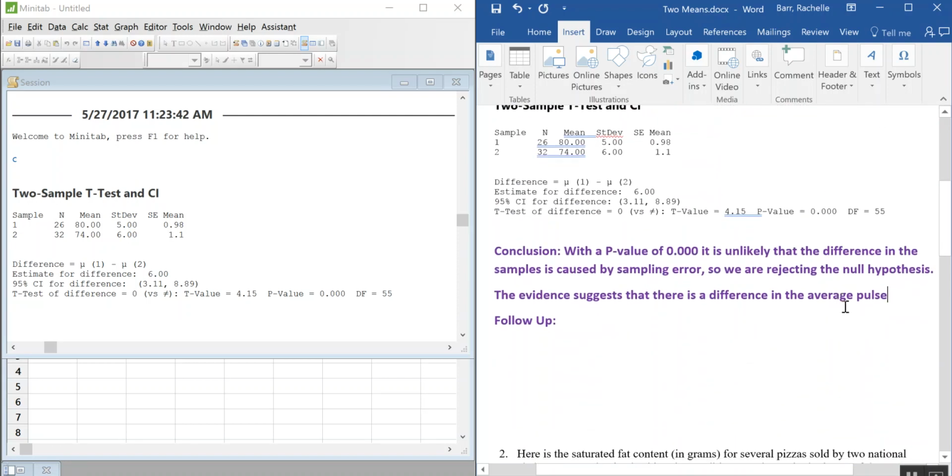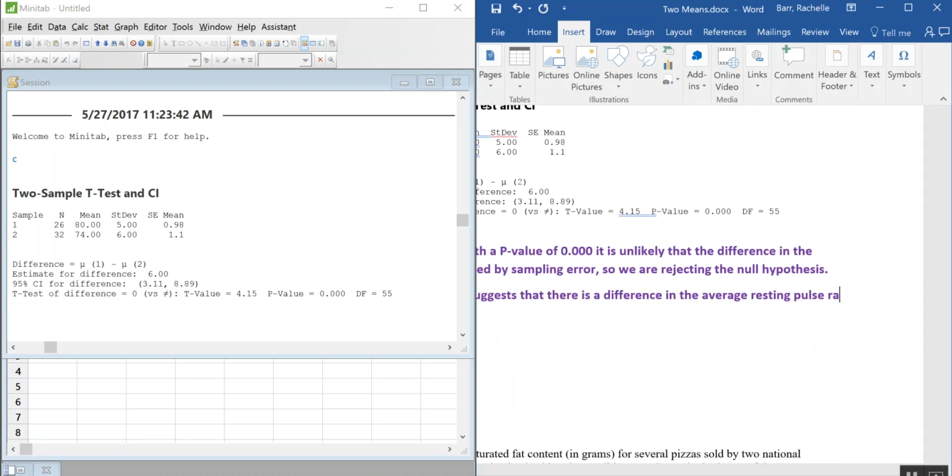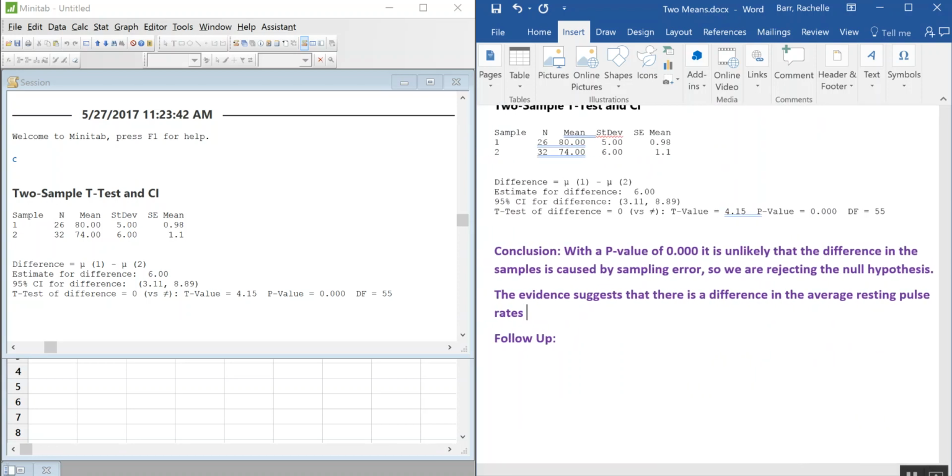Oh, resting pulse, I should include that. And then I'm just going to throw my super tiny alpha at the end.